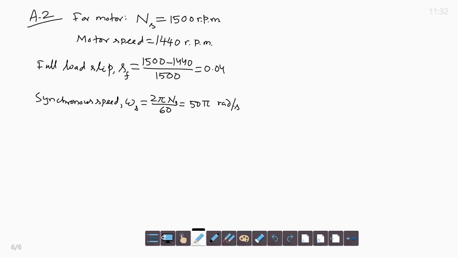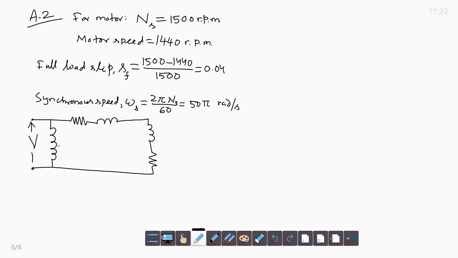Now, let us draw the equivalent circuit for the motor. Here the input voltage V is applied, here you have the magnetizing branch jXm, and here you have stator resistance R1, stator reactance jX1, rotor reactance referred to stator jX2 dash, and the rotor resistance branch R2 dash by S, and the EMF at this terminal is E1, which is also equal to E2 dash.